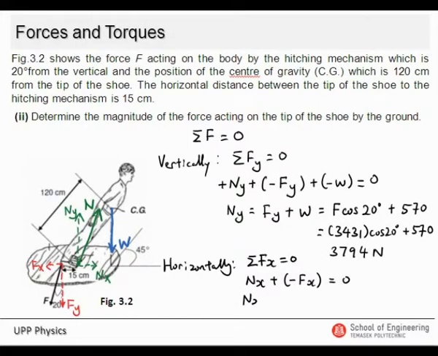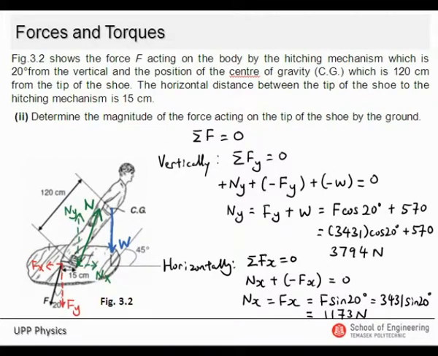So the horizontal component of the contact force is actually equal to the horizontal component of force F. And that horizontal component of force F is F sine 20, which is 3,431 sine 20 degrees. And the answer will be equal to 1,173 Newton.